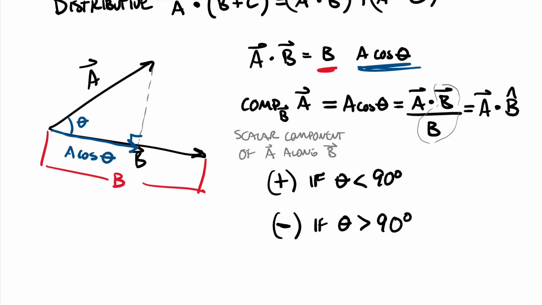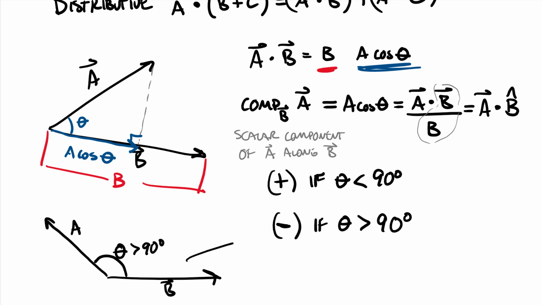And so what that would look like is if we had, here's B, and if A was reaching back in this direction, then this angle here, which is still theta, is going to be greater than 90 degrees. And so this would be the case where we'd end up with a negative scalar component of A along B.